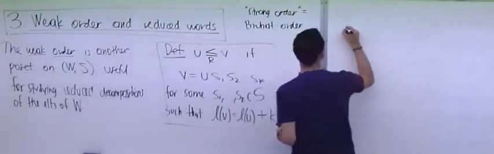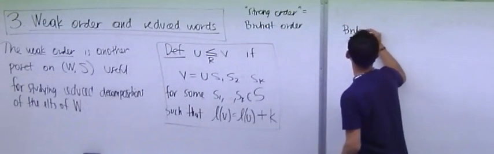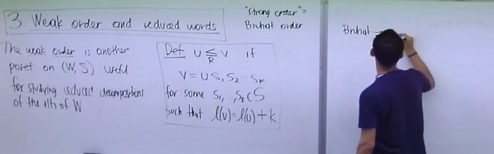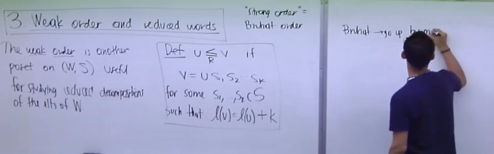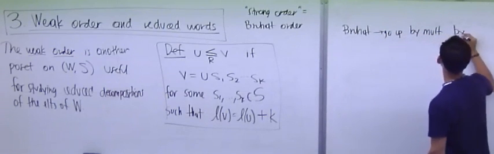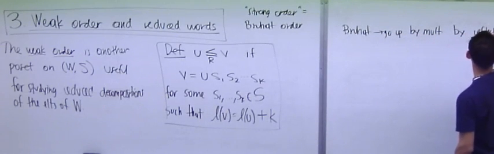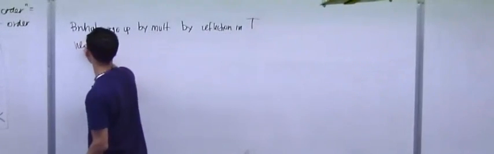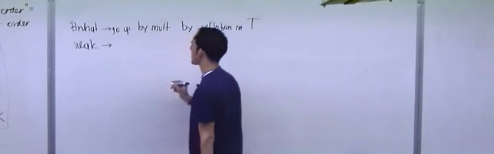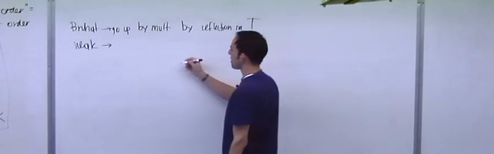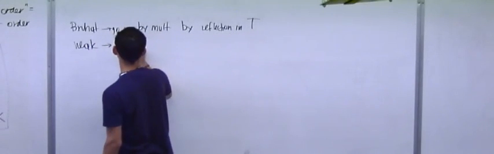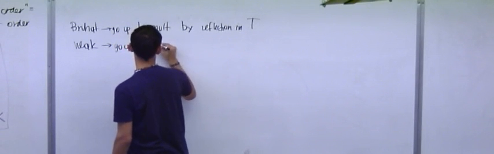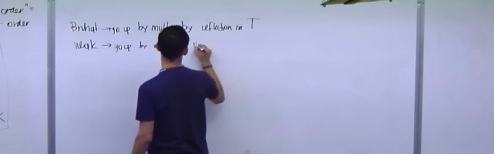So in Bruhat, you go up by multiplying by a reflection. In the weak order, it's almost the same thing, but you go up by multiplying by the simple reflections only.